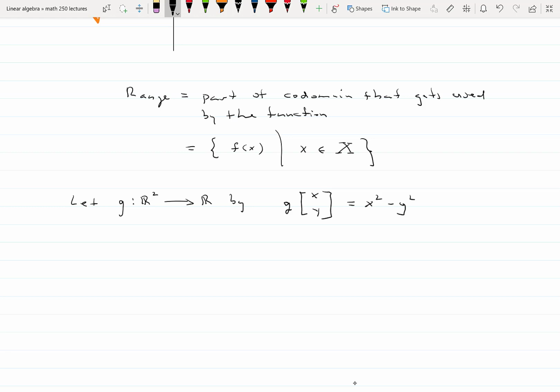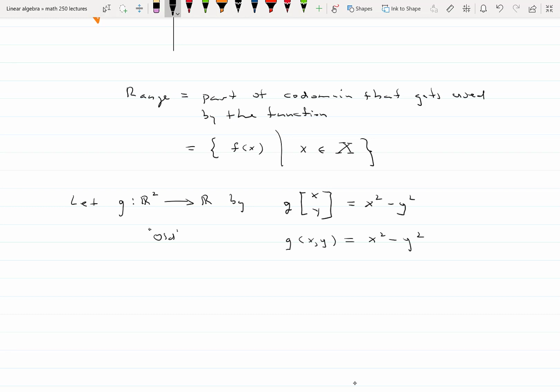G is taking a column vector, or a point in the xy plane, and turning it into a real number. These in Calc 3 are called surfaces. In Calc 3 we would write G of xy equals x squared minus y squared. So this is our old notation.